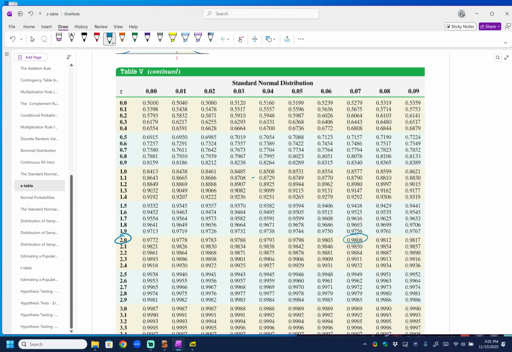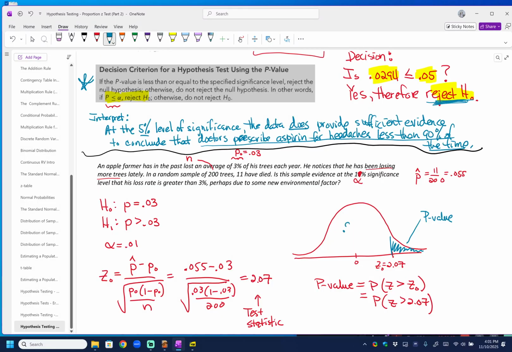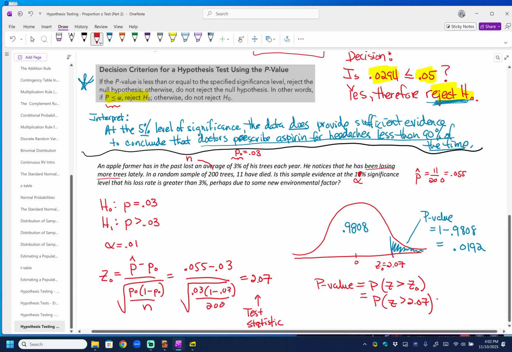So remember that that is going to give us the area below 2.07, which means the area above it, which is the p-value, is going to be 1 minus 0.9808, which is going to give us 0.0192. So again, you want to make sure that you have your skills down for earlier material that you've covered. So remember, area above is going to be 1 minus the area below.